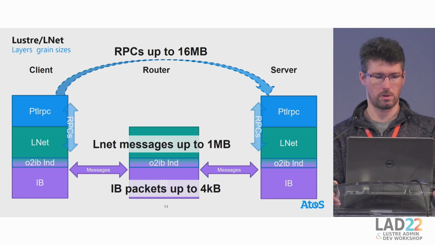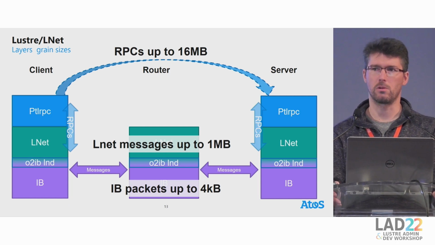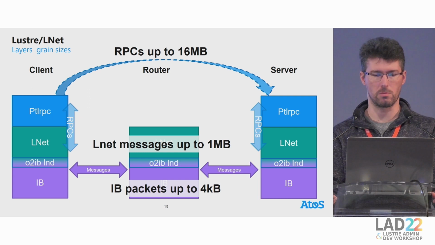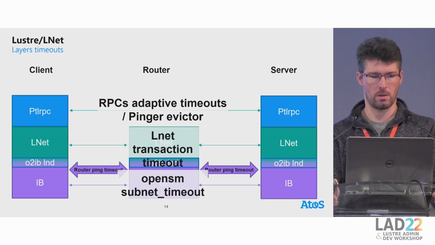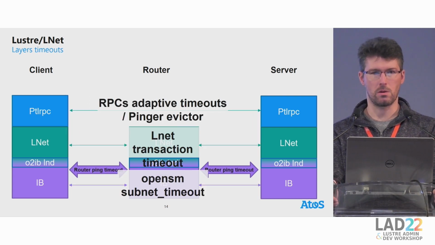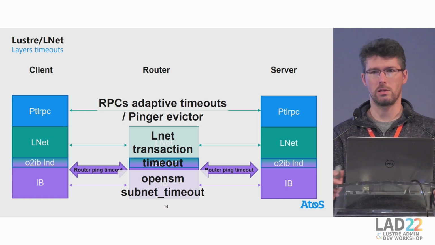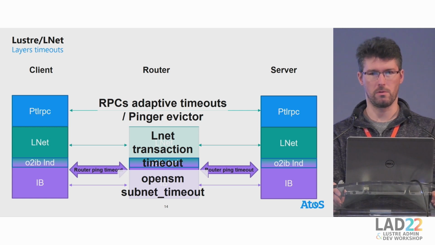And in the case of InfiniBand, the packets are at most 4 kilobytes. In the same manner, each layer also has its own timeouts, or a set of timeouts. The RPC level has the set of adaptive timeouts. You also get the pinger eviter in this.